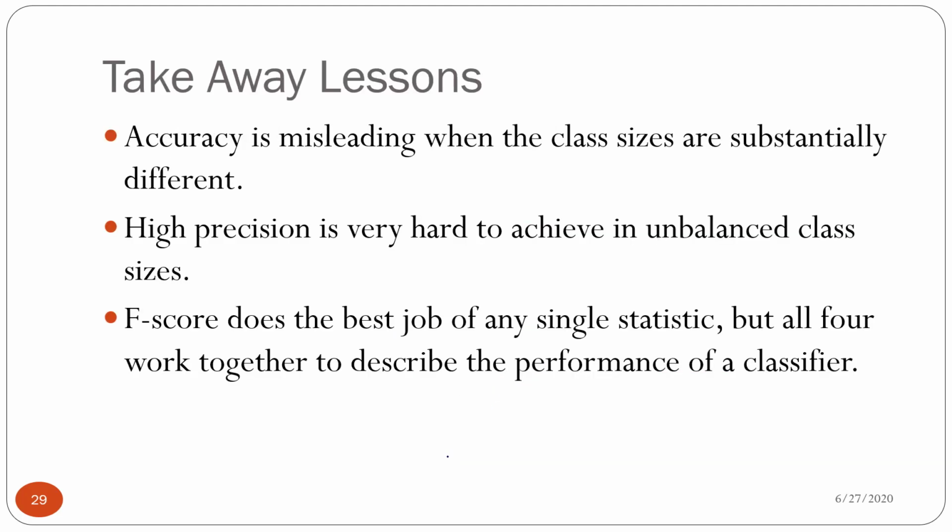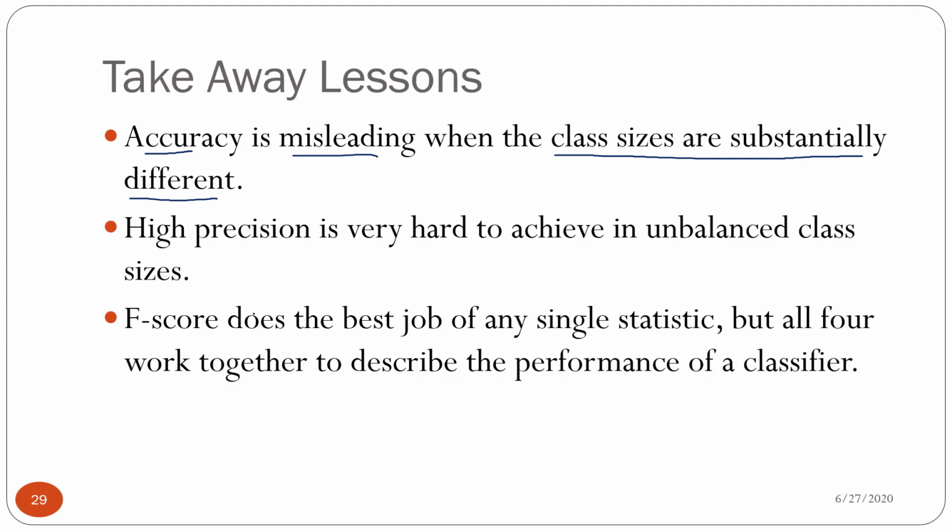Okay, so now what are the takeaway lessons for us? Accuracy is misleading when the class sizes are substantially different. Okay, the first example. High precision is very hard to achieve in unbalanced class size.